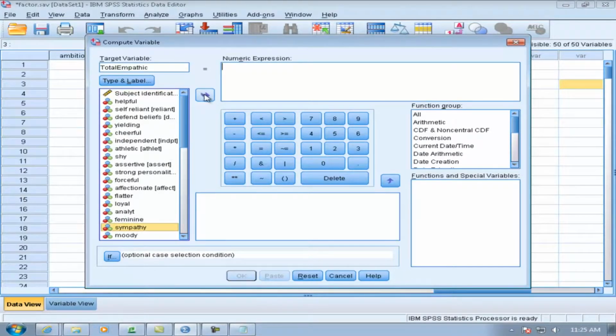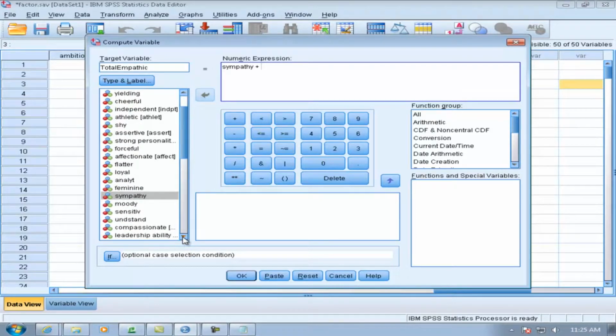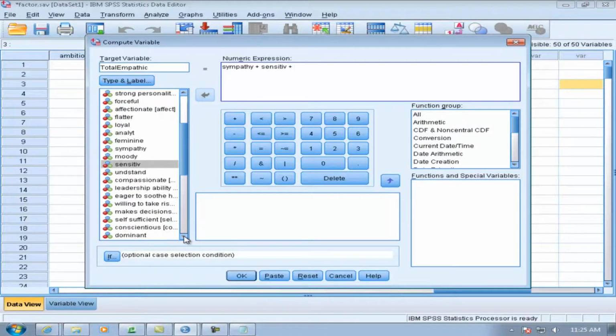Put that one in, now plus. Now which one? Sensitive? Now which one? Understanding.